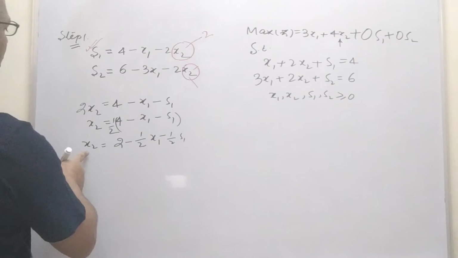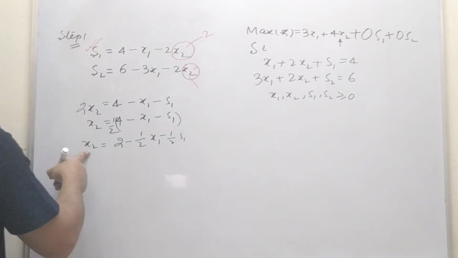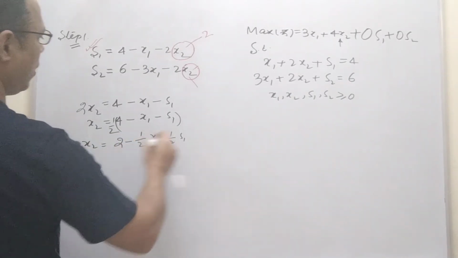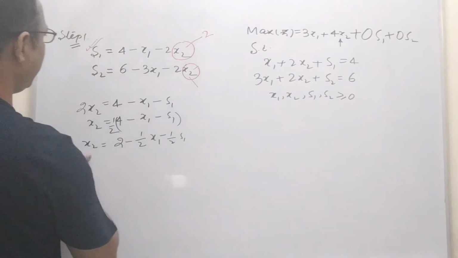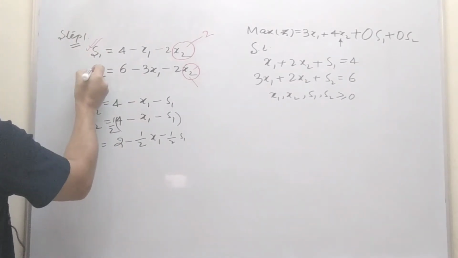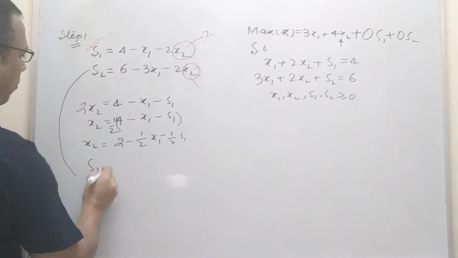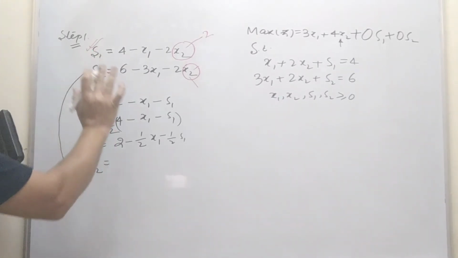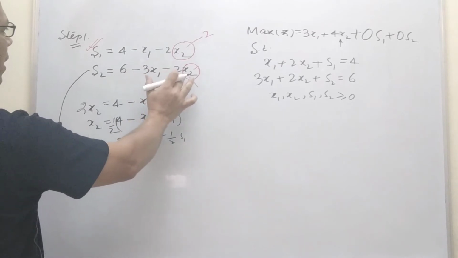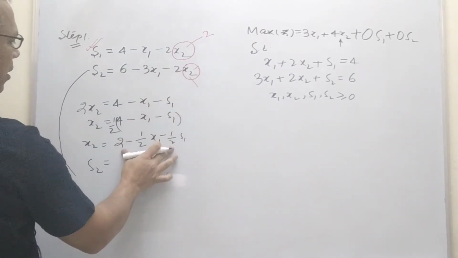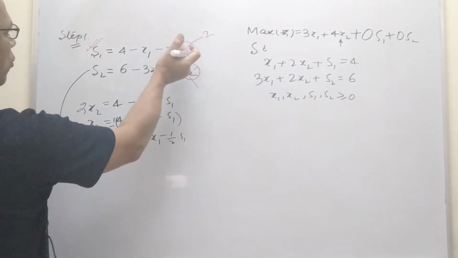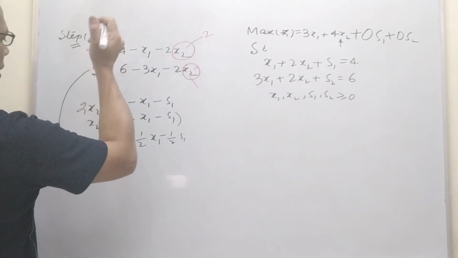Now we have reached up to this step. x2 value we have already got. So x2 is going to enter into the basis. It means we need to change this, because s2 is not going to be changed; s2 will be as it is. We just need to replace x2 with this value, because x2 is going to enter into the basis and s1 will leave the basis.